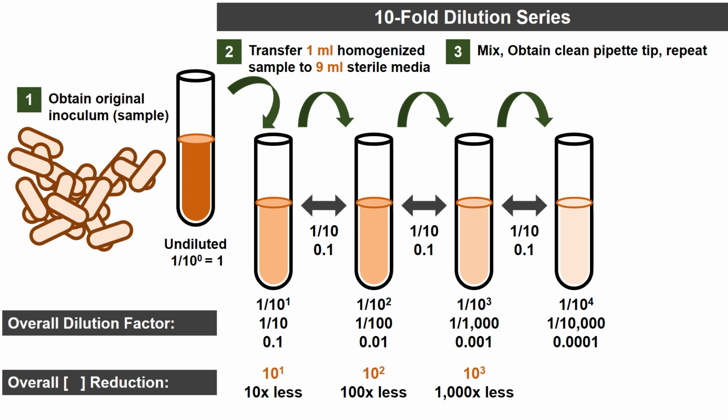Overall, now this is the fourth tube, and therefore we can think of this relative to the original sample as 1 divided by 10 to the power 4, the fourth tenfold dilution. 1 and then 4 zeros. Hey, that's 10,000. So that's 1/10,000th of the original spit sample.